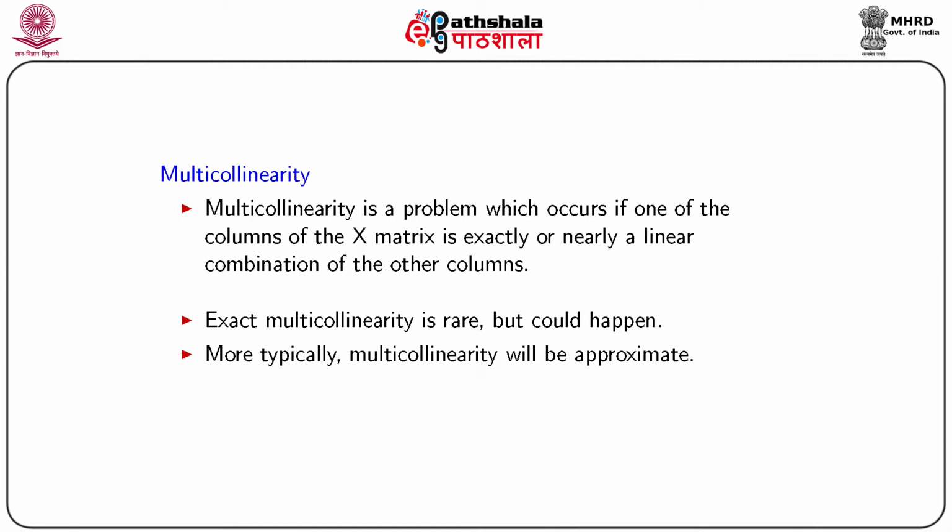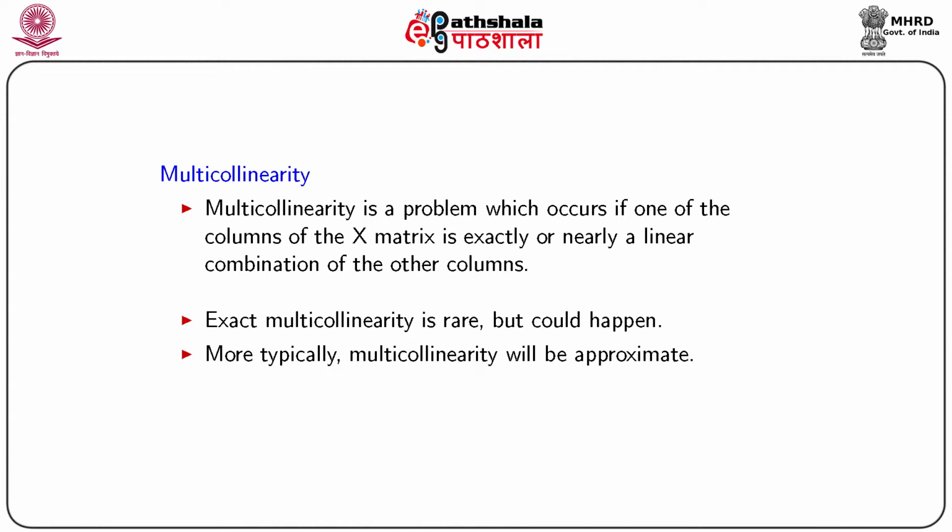In case of multiple regression, we have several explanatory variables. And in case of writing it in the form of a linear model, we write y equals X beta plus epsilon, where X is the matrix which has the columns equal to the explanatory variables and beta is our vector of regression coefficients.